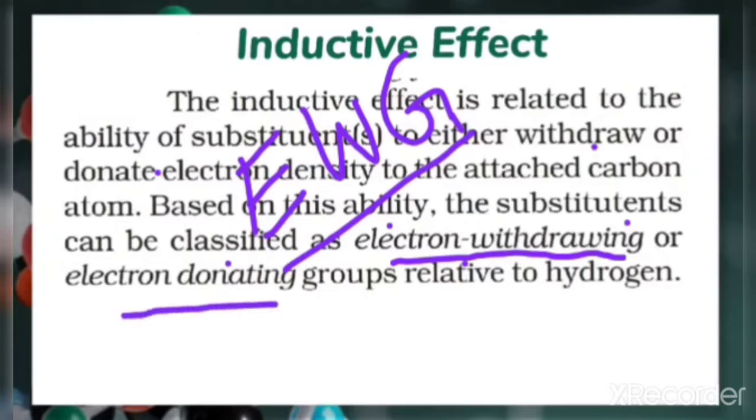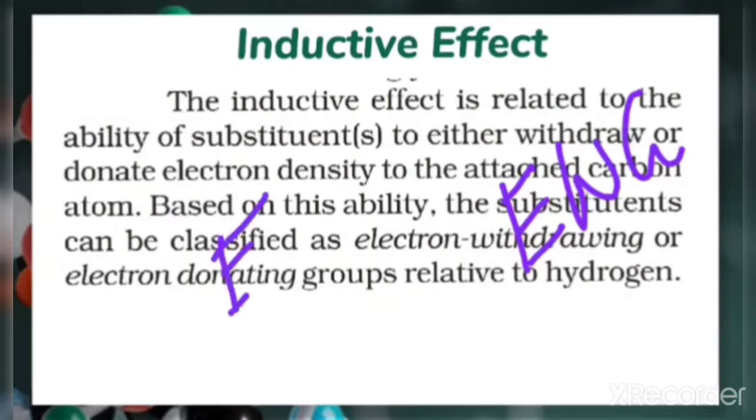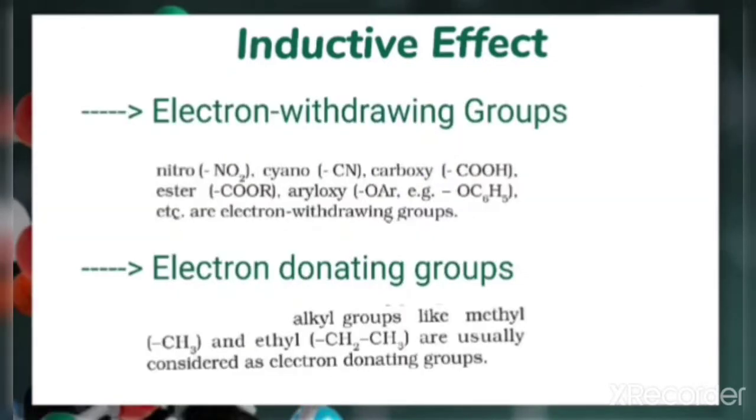So that group is called an electron donating group, relating to the hydrogen. So we have come up with two important terms here: groups can be either electron withdrawing, meaning they have a tendency to withdraw the electron towards themselves, or they have the tendency to release or donate the electron density, which is called an electron donating group, also called an electron releasing group.